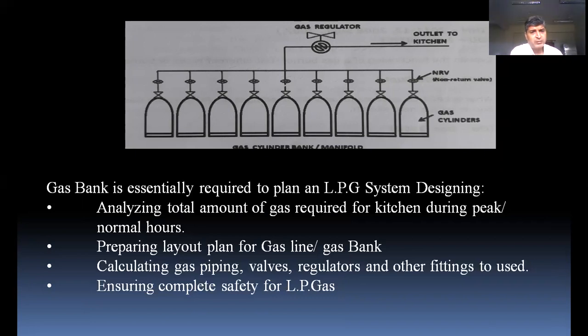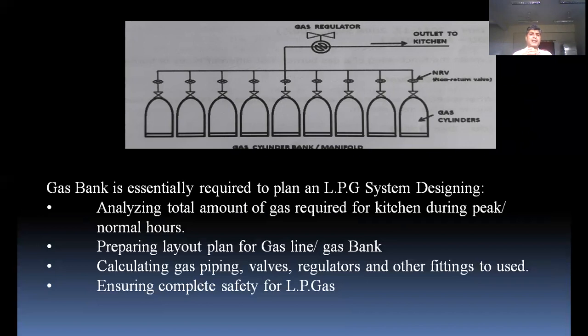Now, what should be kept in mind while connecting different cylinders? A gas bank is essentially required to plan an LPG system design. First, analyzing the total amount of gas required for the kitchen during peak and normal hours, meaning regulation of gas through the pipeline.